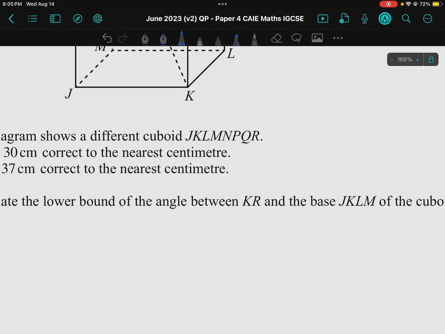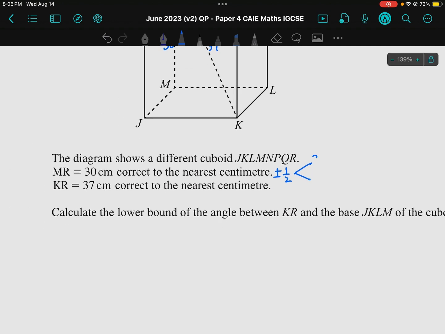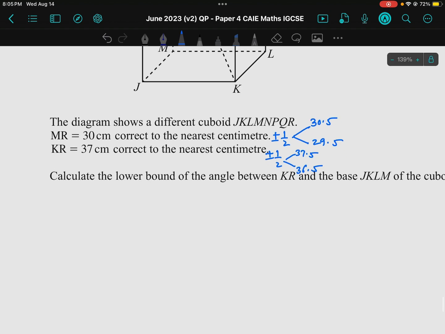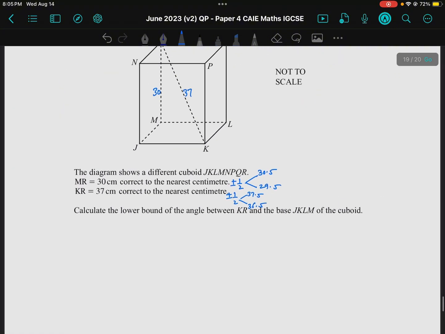Okay, so first of all, nearest centimeter means plus minus 1 upon 2. So the lower and upper bound for 30 is 29.5 and 30.5. Similarly for 37, the lower and upper bound is 36.5 and 37.5.